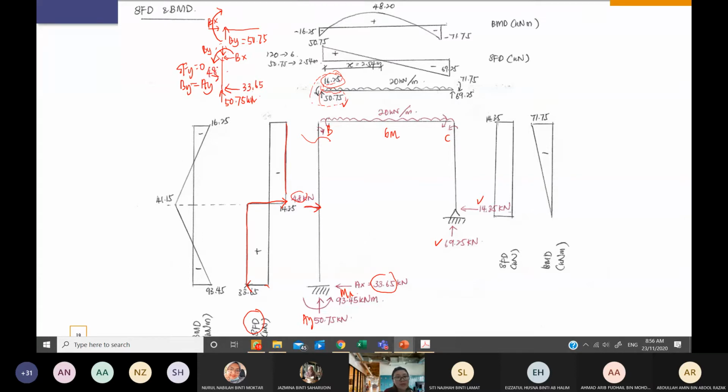To get this moment MV, it will be 33.65 multiplied with the length 8 meter, and then minus 48 times the 4 meter. So you shall be able to get something about 16.25.